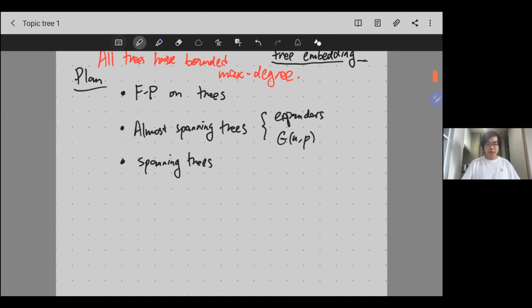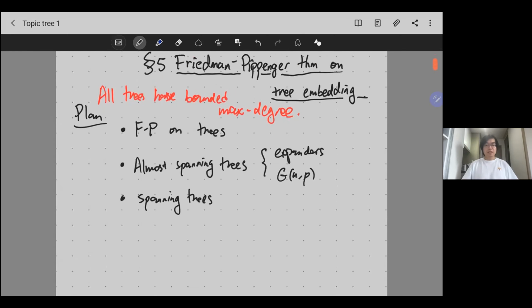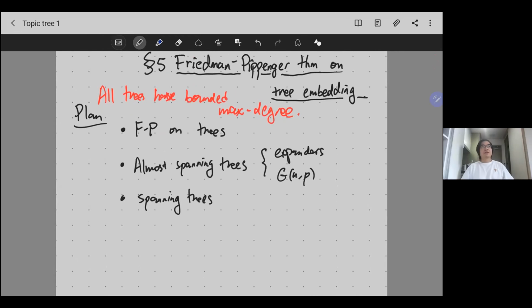So let's first look at what this Friedman-Pippenger theorem is. Basically, after Pósa's rotation-extension technique, people saw that you can use expansion properties to find long cycles.